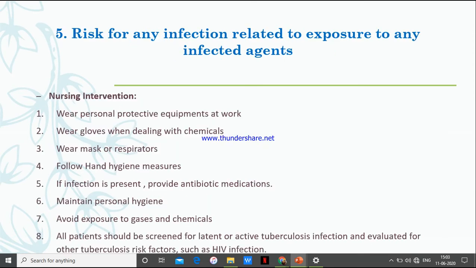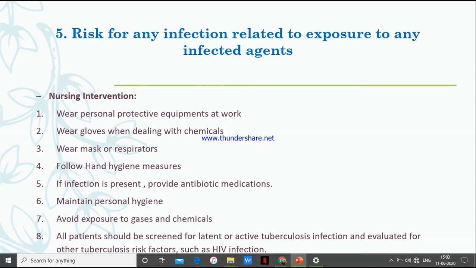Next, risk for infection related to exposure to infected agents. The nursing interventions are: first, wear personal protective equipment at work, wear gloves when dealing with chemicals, wear masks or respirators, and follow hand hygiene measures. The 10 steps of hand washing should be explained to the patient.